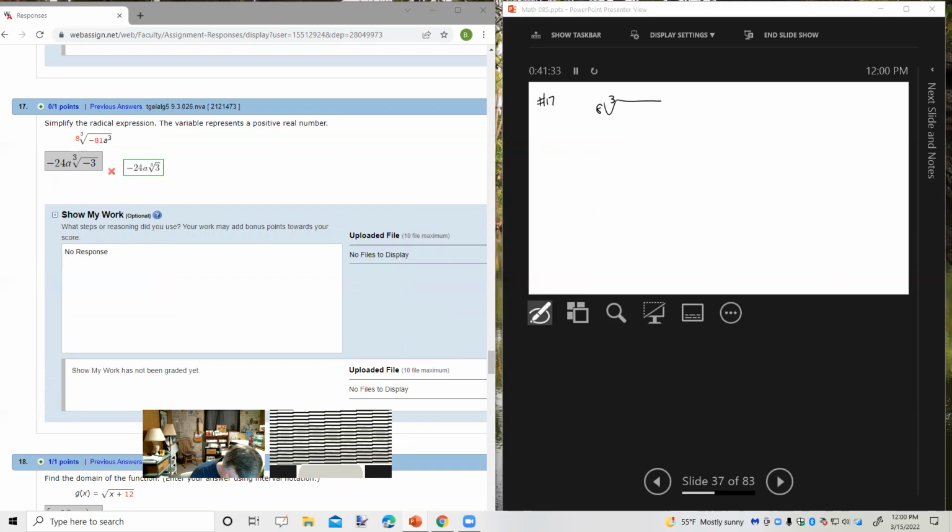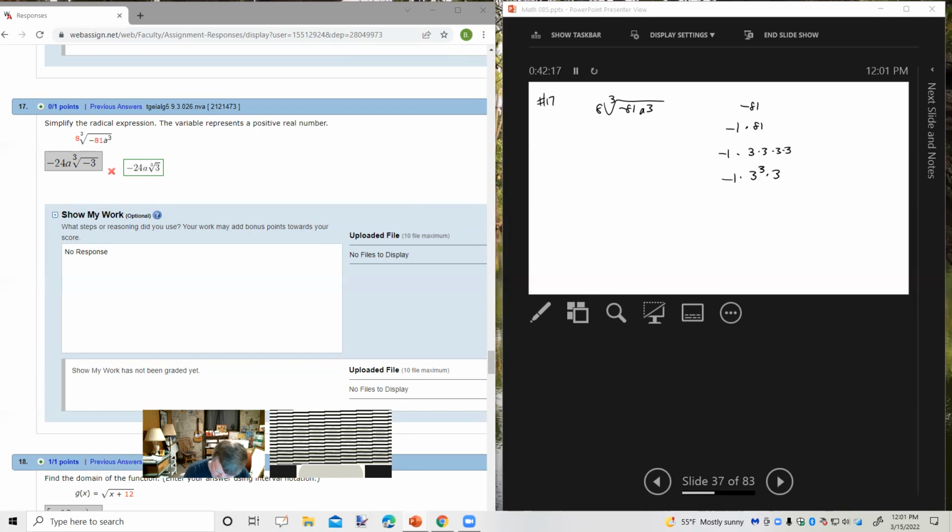8 times the cube root of negative 81a cubed. All you forgot to do was to take the negative out. So negative 81 is negative 1 times 81, which is negative 1 times 3 times 3 times 3 times 3, which is negative 1 times 3 cubed times 3.